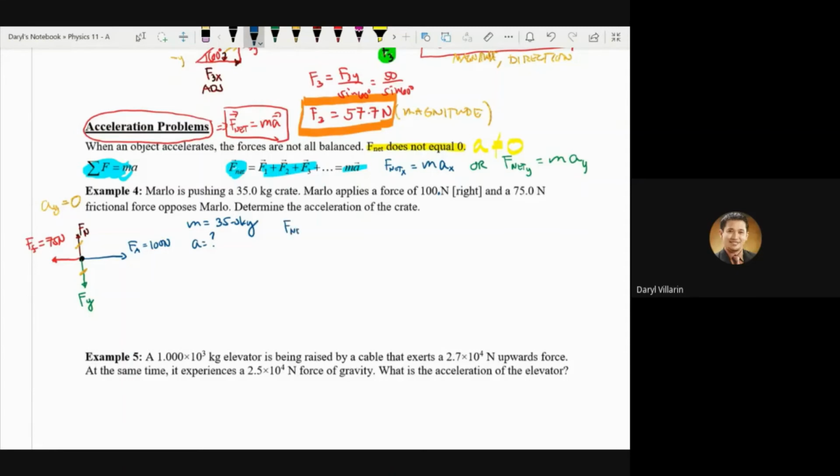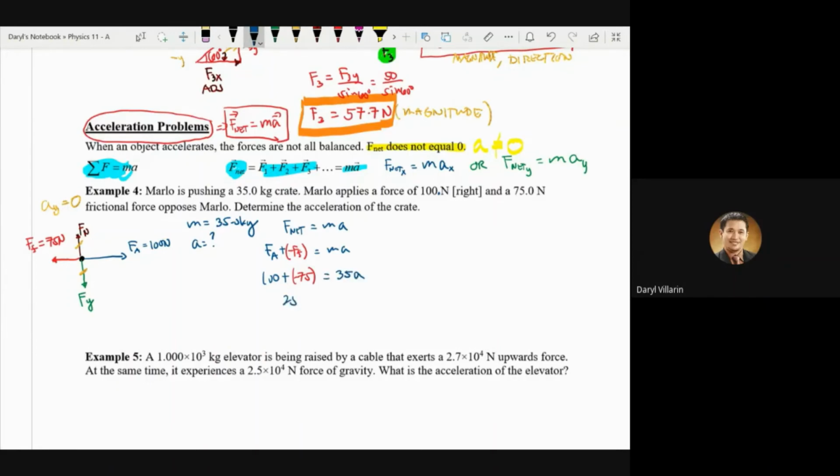I know that there should be an unbalanced force from the free body diagram itself. So the net force is equal to MA. There are two forces: FA plus the negative of the friction magnitude is equal to mass times acceleration. So 100 newtons plus the negative of 75 is equal to 35A.